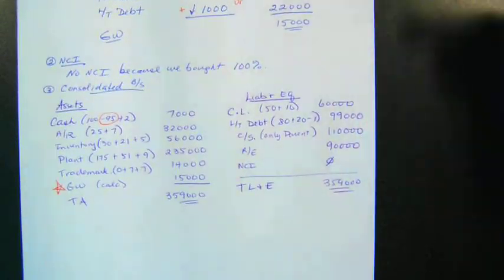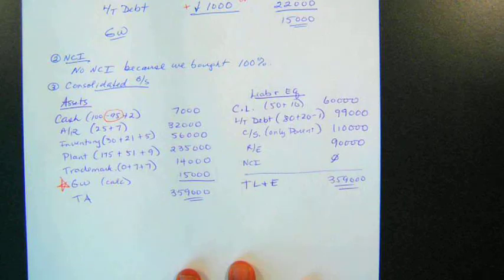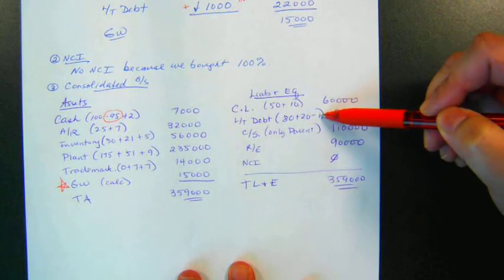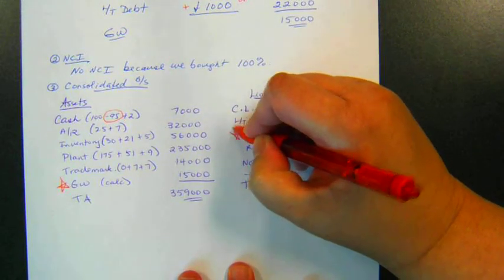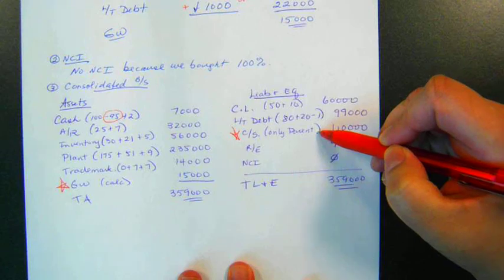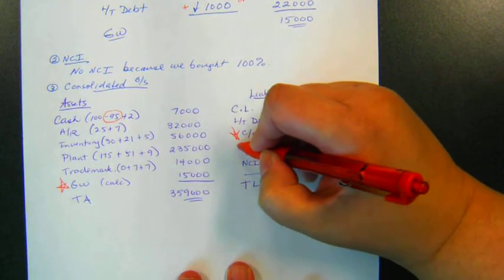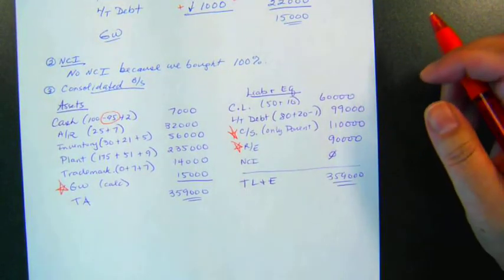So liability, same thing. Parent sub, and there's no FV minus CV. Long-term debt, parent sub, FV minus CV. Now remember, common shares is only the parent. Retained earnings for now is the parent right off the books.